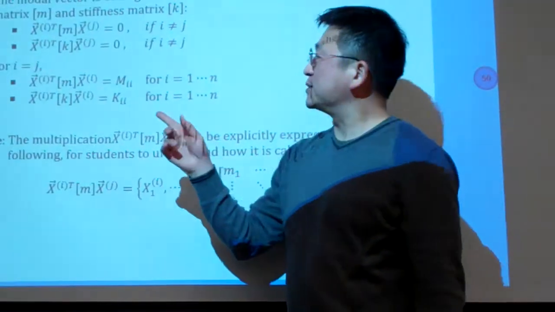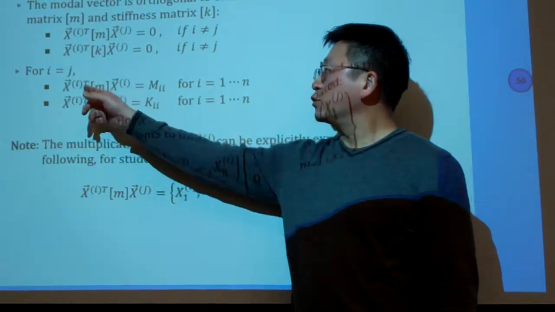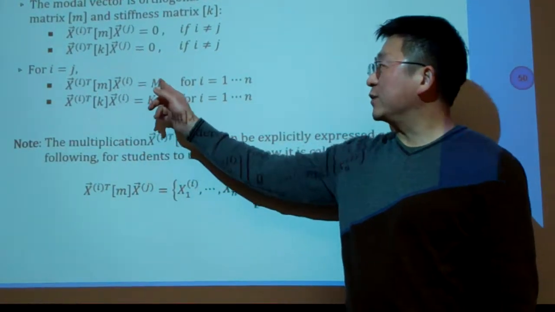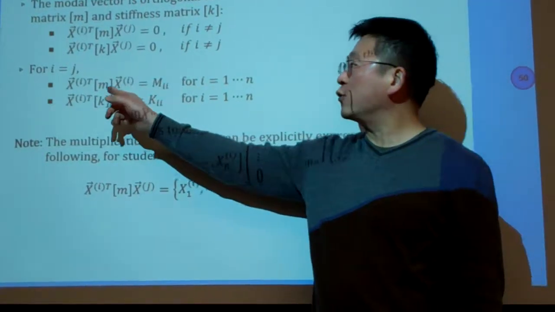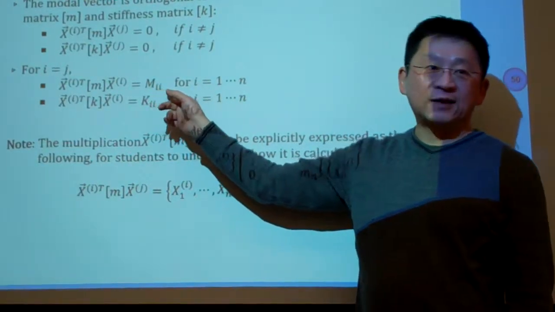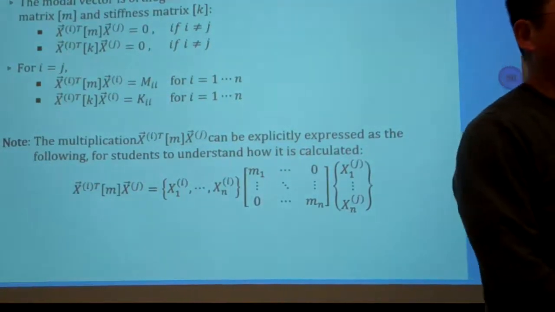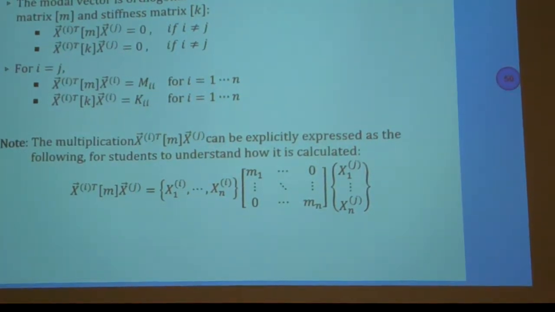So basically, when we want to normalize the modal vector with respect to m, that means making this number equal to 1, and you try to find what the scaling factor for the modal vector would be to make that happen. That is called normalization. Normalization is always with respect to some matrix.